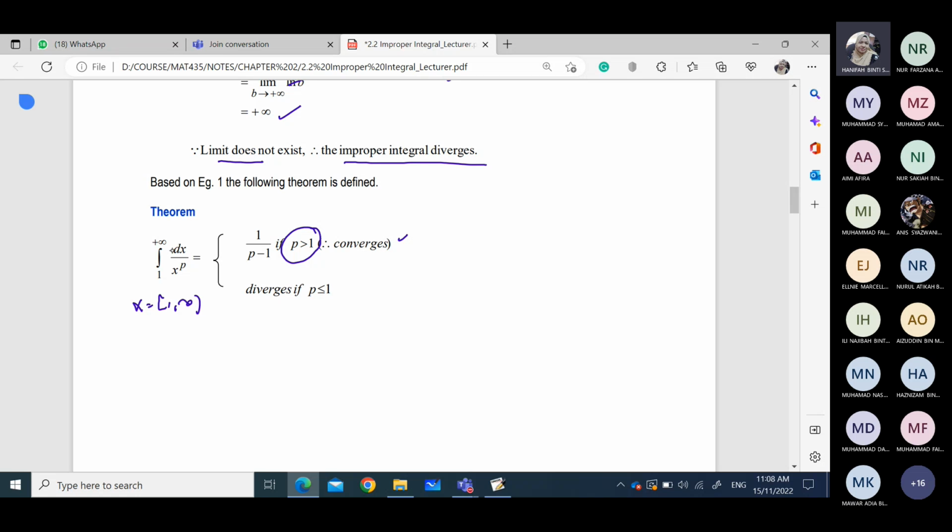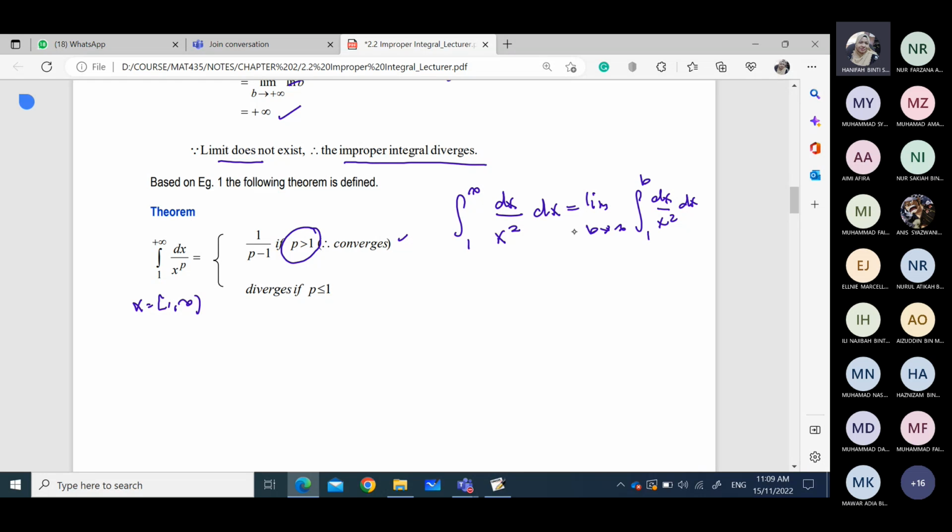Okay. So contoh dekat sini, let's say we have this improper integral 1 to infinity for dx over x to the power of 2, for example. Okay. Right. So bila kita selesaikan untuk improper integral, limit b approach to infinity for the integral dx over x to the power of 2 dx, where x is 1 to b.